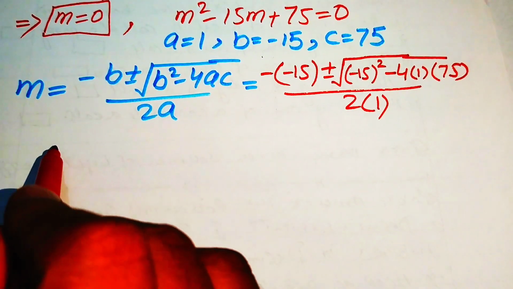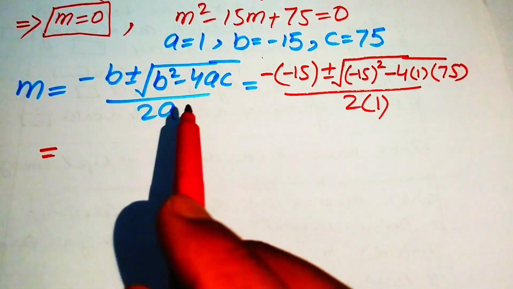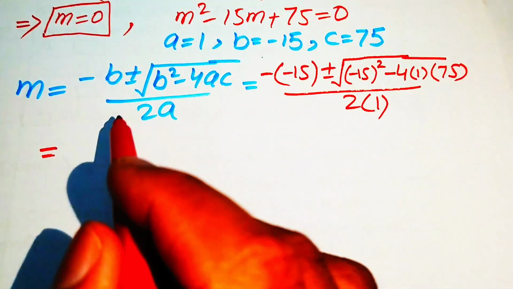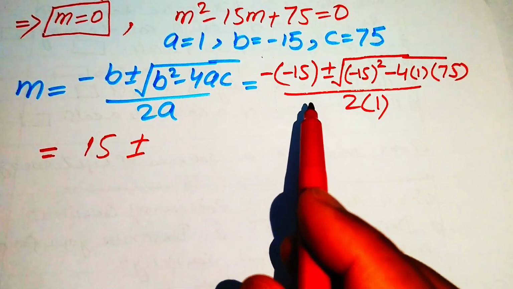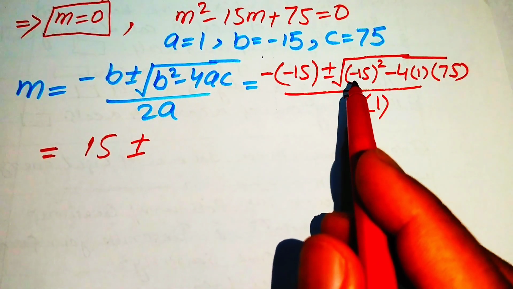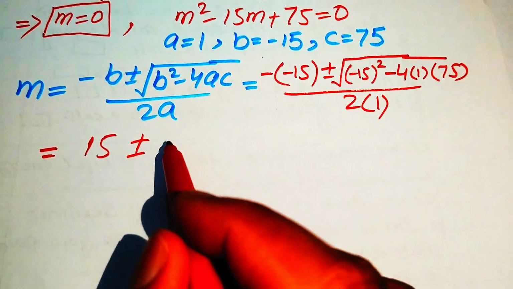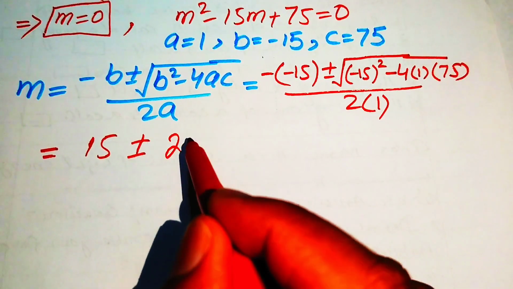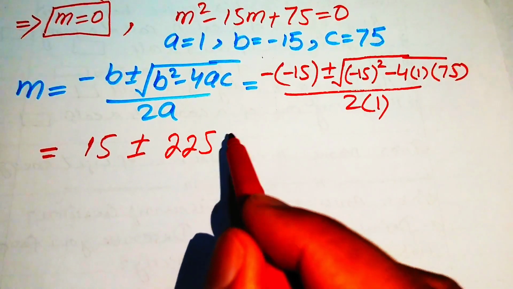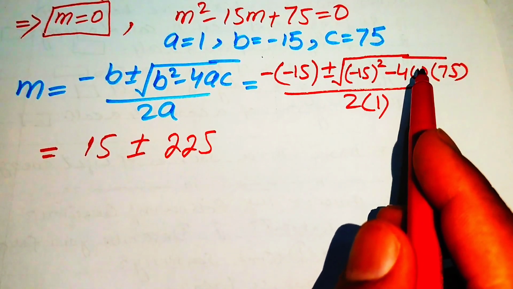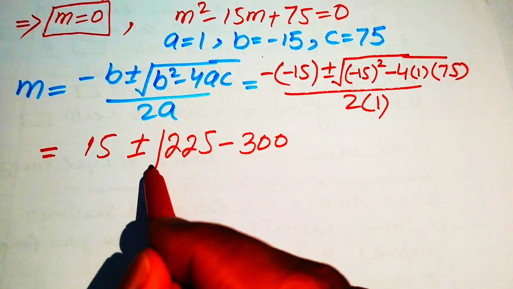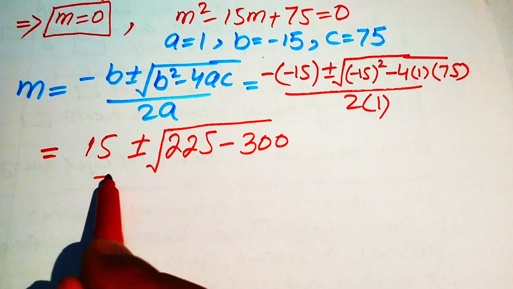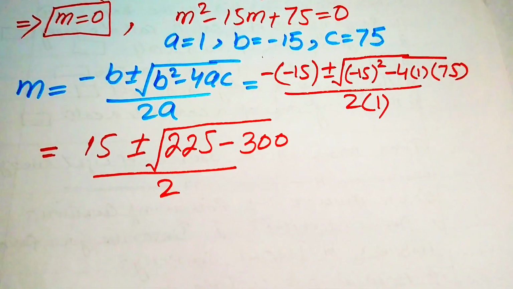And now in the next step we need more simplifications, and we have minus times minus becomes plus 15 ± . We know that the square of 15 equals 225, and 75 times 4 equals 300, with a minus sign, and its whole square root divided by 2.